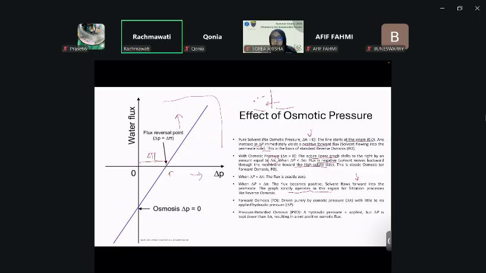In pressure retarded osmosis, a hydraulic pressure is applied, but the delta P is lower than the osmotic pressure, which still results in a net positive osmotic flux. And then we have reverse osmosis, in which the applied pressure completely overcomes the osmotic pressure, reversing the natural osmotic flow to push the pure water out of the solution.